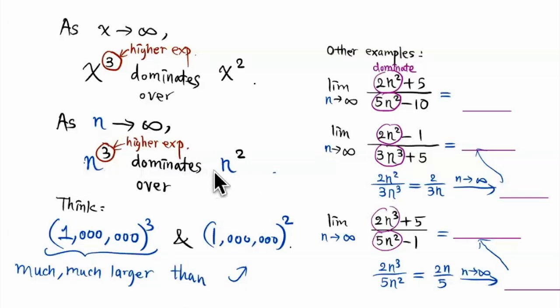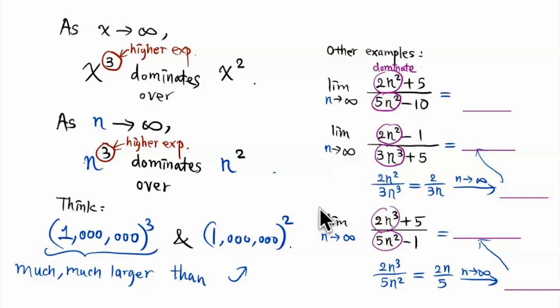So that is going to dominate over this when n goes to infinity. Same with x cubed dominating over x squared. A million cubed is much, much larger than this. And when this is bigger, the cube of this is much, much bigger than the square of this, right? So we say dominating. So you look at the exponent.